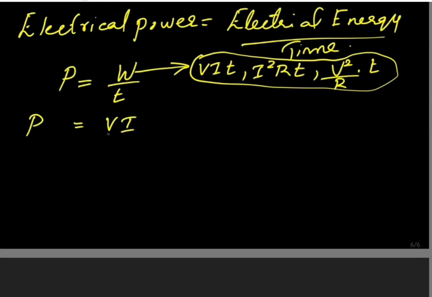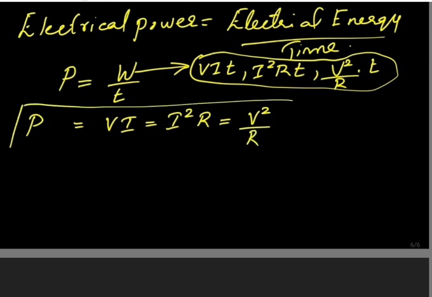Power is voltage multiplied with current, or it can be I squared R, where R is the resistance, or it can be V squared by R. So these three expressions can be used for getting the power, electrical power.